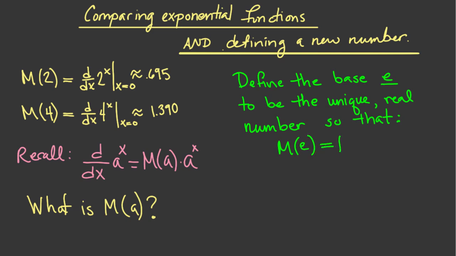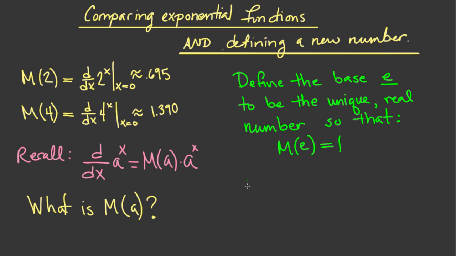Notice that we're not saying what the number e is. But from the numeric computations we've done, it's very suggestive that e is greater than 2 and less than 4. So I'm not going to tell you what e is right now, but I am saying that it exists.